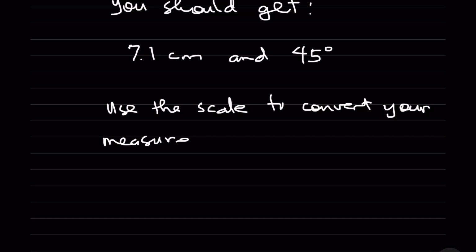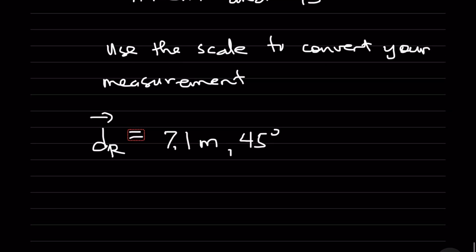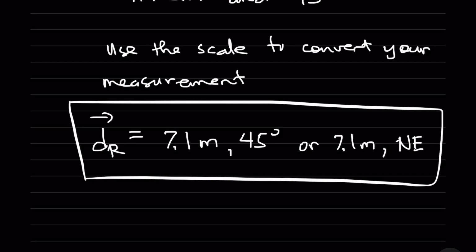So the final answer can be obtained using the scale. 7.1 centimeters is equal to 7.1 meters using our scale, and the direction is 45 degrees. So the final answer is written here on the screen. 45 degrees, take note, is the same as northeast.